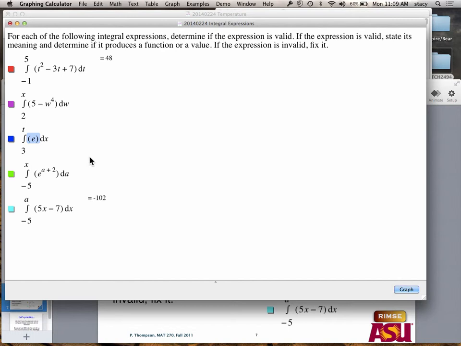A linear accumulation function. That's how we built it up, remember? Constant rate of change gives you piecewise linear, so step constants gives you piecewise linear. If the whole rate of change function is just a constant, that means you've got one piece, one step. So one linear function for your accumulation. Okay? What about this guy?